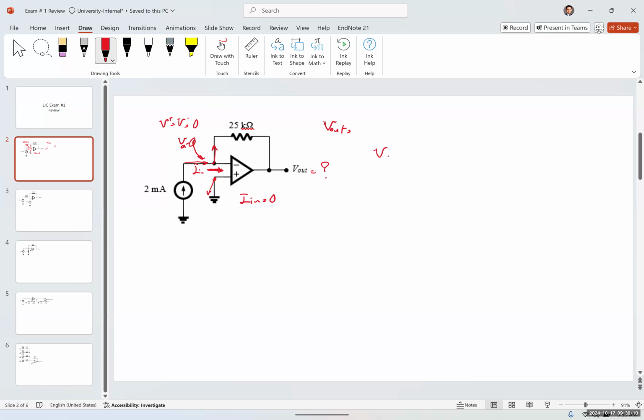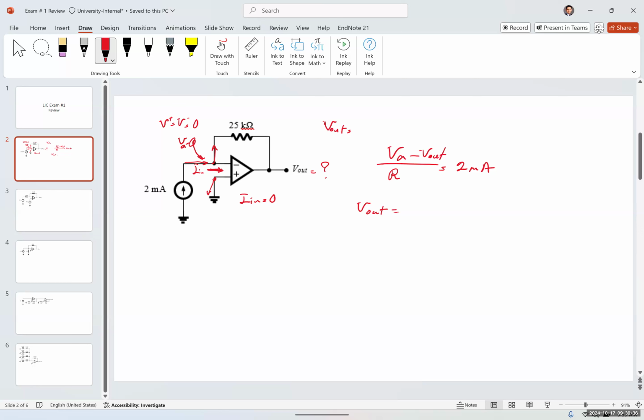So V out minus VA over R is equal to the current, which is 2 milliamps. So V out, sorry, I made a small mistake. This is in the opposite direction. So it's going to be VA minus V out over R is going to be equal to 2 milliamps.